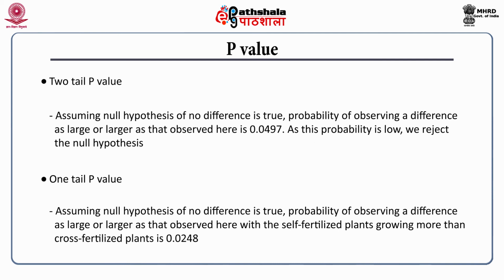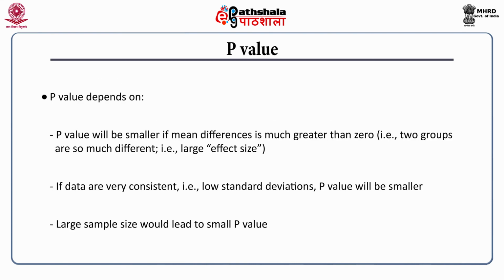The p value depends upon the effect size: it will be smaller if the mean difference is much greater than 0, and higher if the two group means are not much different. The p value also depends upon the consistency of the data, that is the standard deviation or variance. With a low standard deviation, the p value will be smaller.